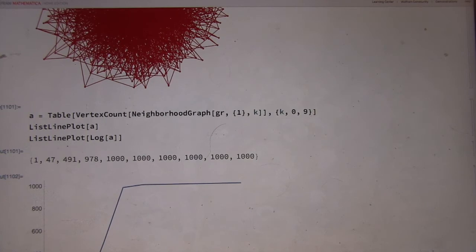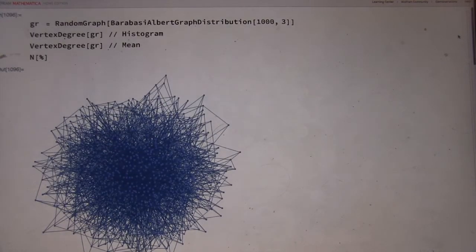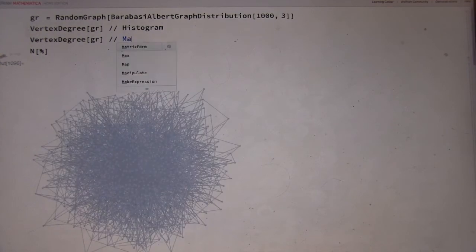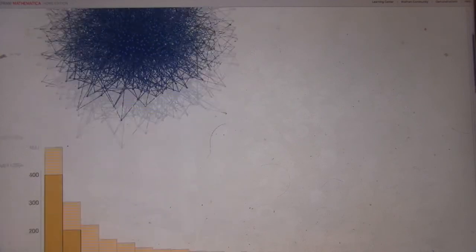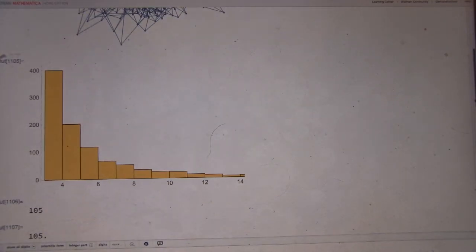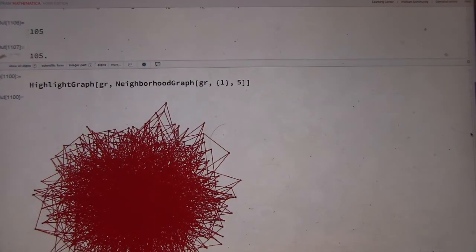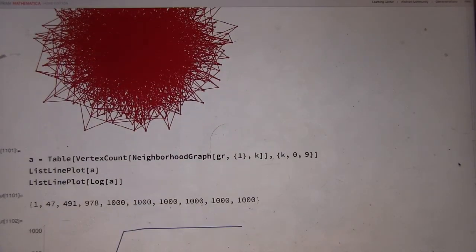Yeah, wow. Okay. So instead of the mean, we'll just do max. 105. Oh, wow. So if your initial one has a lot of connections, then if you infect that one, you go through the network super fast.